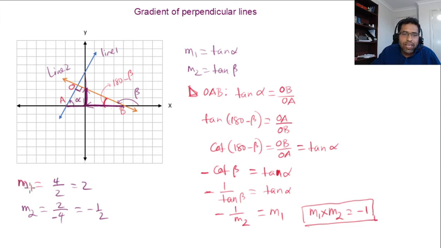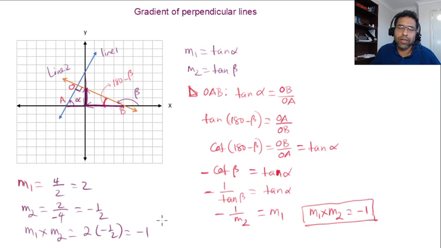So you can see now that if you multiply m1 and m2, it is 2 times minus half, which gives us minus 1. And that's the relation of the gradients of two perpendicular lines. If the lines are perpendicular to each other, their gradients are negative reciprocals.